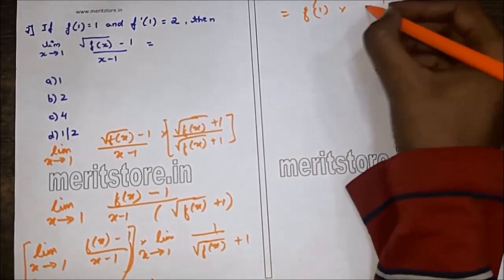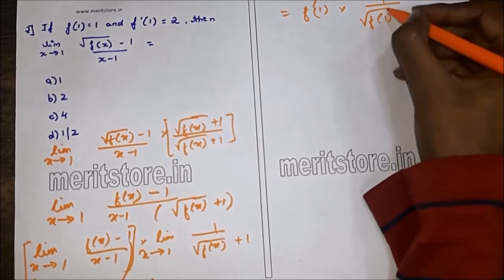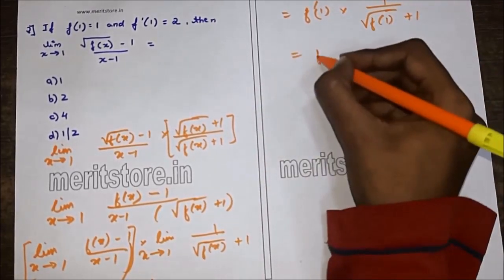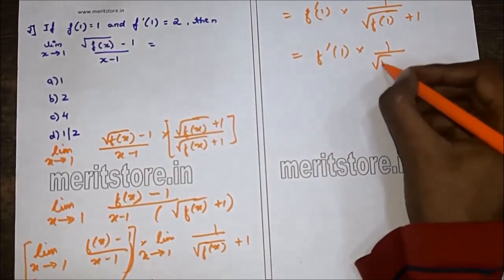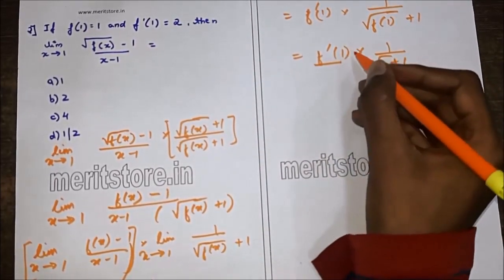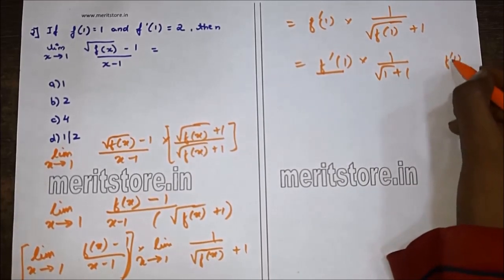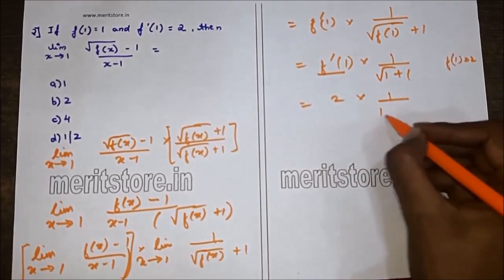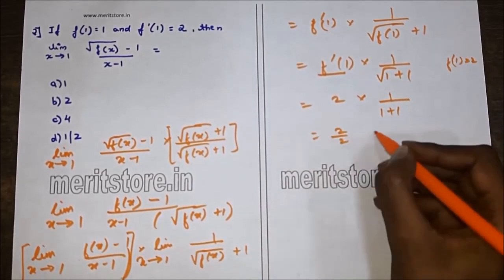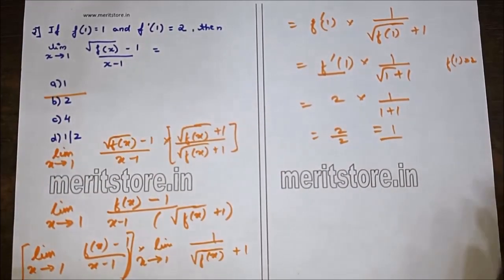So this is 1 upon root of f of 1 plus 1. So that is f dash of 1 into 1 upon, f of 1 is 1, so root of 1 plus 1. Now f dash of 1 is 2. So this is 2 into 1 by 1 plus 1. That is 2 by 2, which is equal to 1, which is option A.